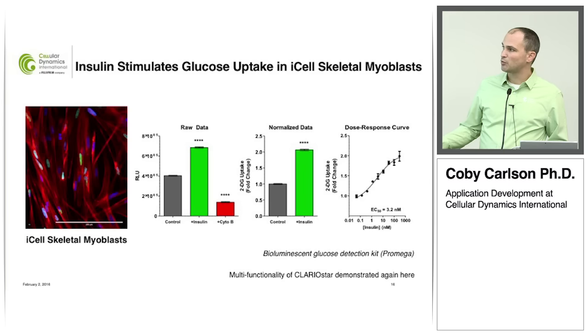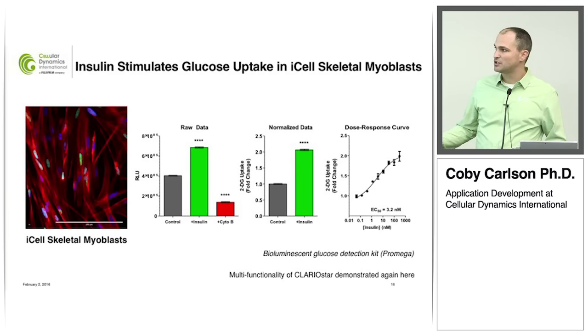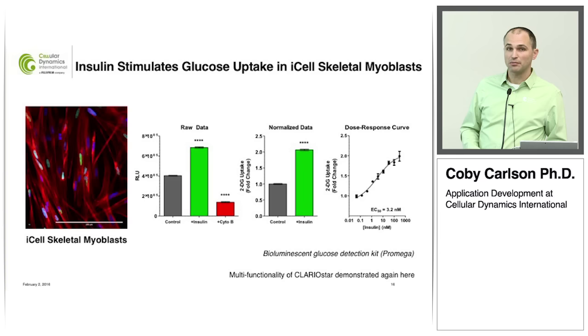I'm showing raw data where you can see under basal conditions there's some glucose present, you stimulate with insulin and you get a nice increase in glucose uptake that's detected, and you put in a known inhibitor that blocks this uptake, and that decreases below the basal. In general, we're getting twofold or more changes once you normalize this data. This is cytochalasin B subtracted data, and it's dose responsive, and it works really well. So this suggests that this cell model can be used for stimulating glucose uptake.